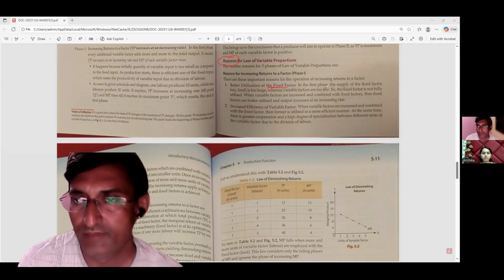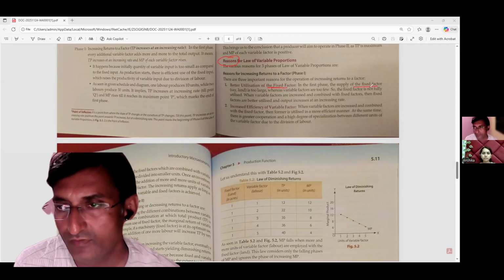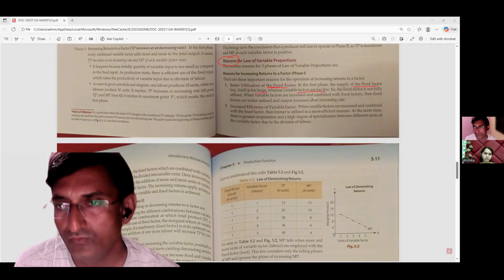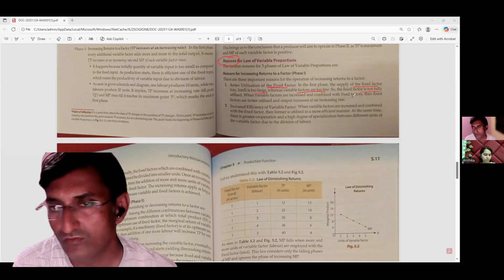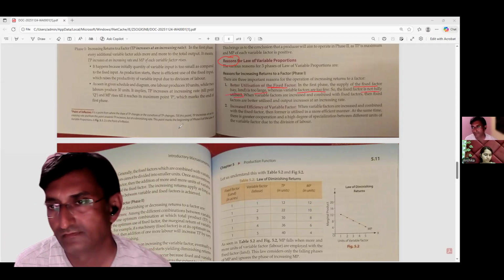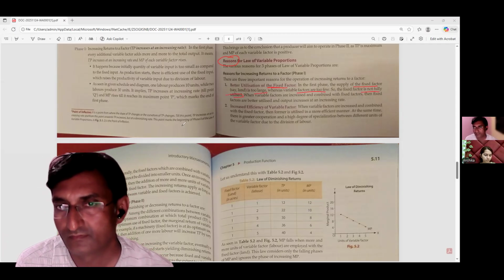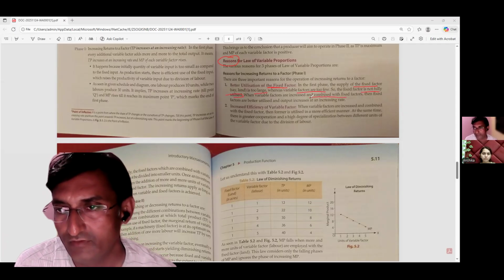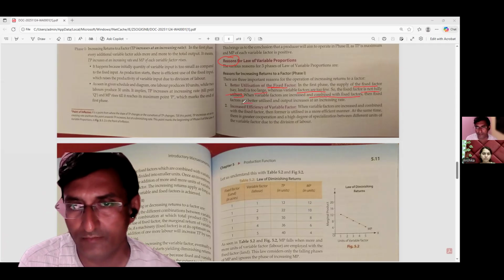But in the first phase, the supply of the fixed factor is too large, whereas variable factors are too few. So the fixed factor is not fully utilized, right? When variable factors are increased and combined with the fixed factor, then fixed factors are better utilized.